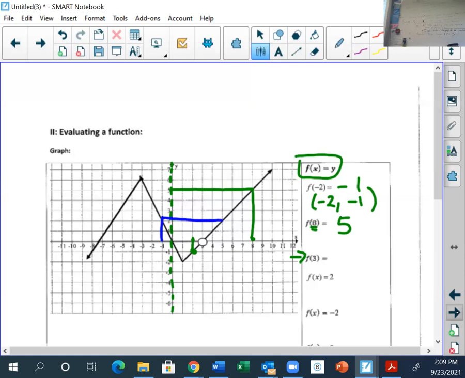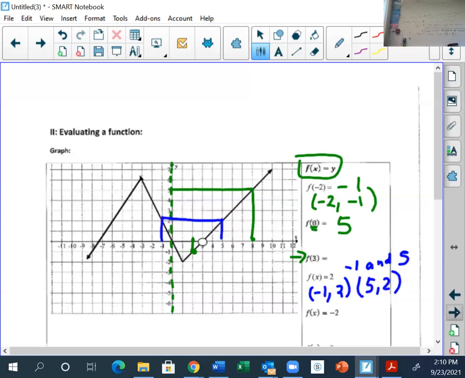And I have 2 here at positive 5. So I can say f of x equals 2 when x is negative 1, and then when x is 5, it'd also be 2. So your answers would be negative 1 and 5, right?